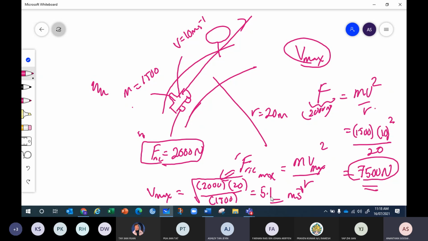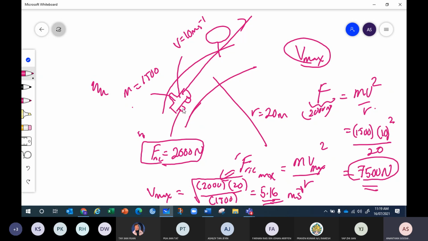Okay, thanks, Ashley. 5.16 meter per second. Good. In reality the friction of the tire should be a lot more, but I give a number of 2000 Newton. So for this type of tire and this type of car, you have no choice. You can only move at 5.16 meter per second or lower.